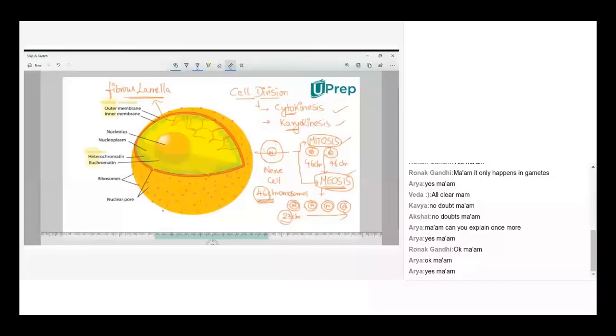What these fibers will do is help in the movement of chromosomes during meiosis. That's our point of interest. Meiosis is the reduction division of the cell where the fibrous lamella helps the chromosomes to move during this process. That's all. Then the other important point here is about chromatin.